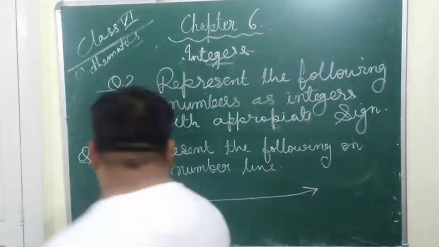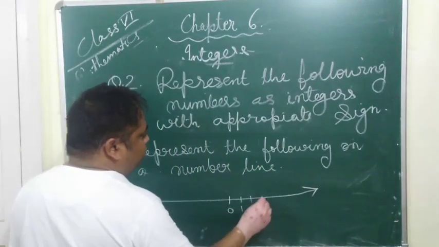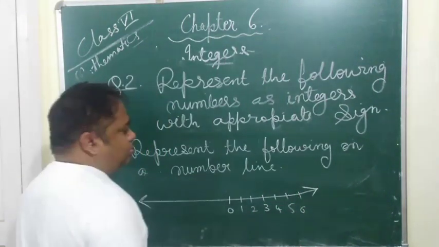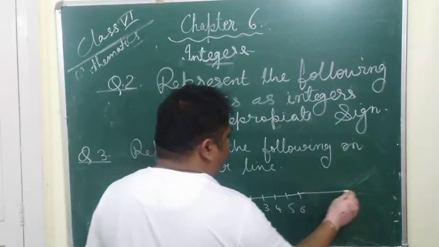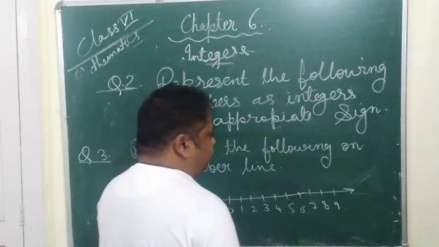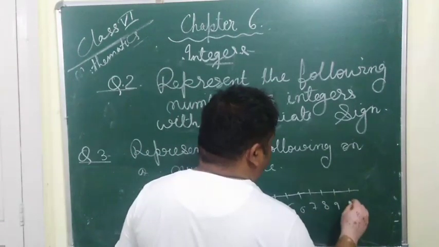See, in between I will take 0, 1, 2, 3, 4, 5, 6, 7, 8, 9 and 10.